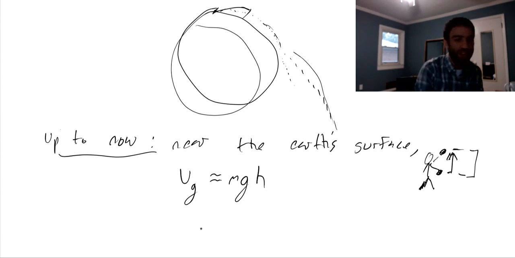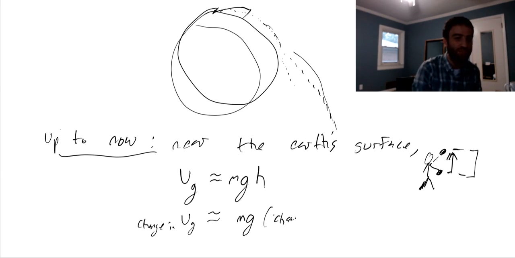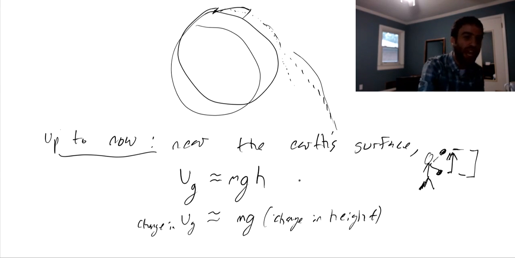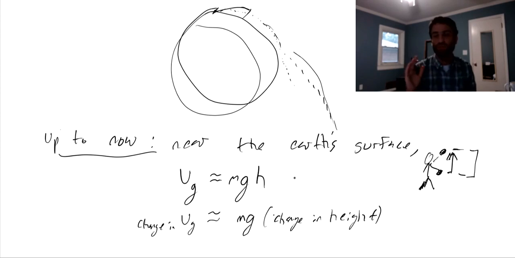So we've secretly been saying something like, the change in the gravitational potential energy is like the mass of the object times g times the change in height of the object. Okay, and near the surface of the Earth, this works really well. Just like near the surface of the Earth, force equals mass times g works really well.